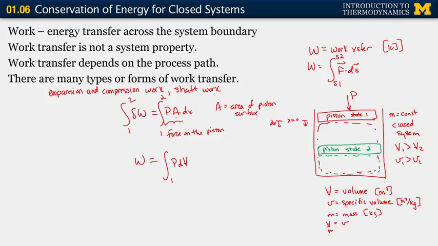So the product of the area times this differential element dx is simply the differential volume, that little differential amount of volume right here. And so the work from 1 to 2 is simply the integral of the pressure times this differential volume dV.